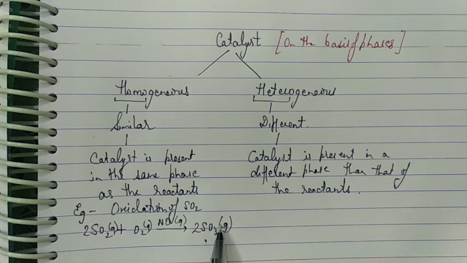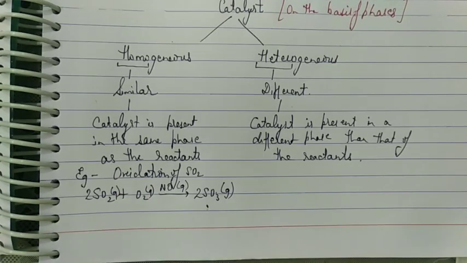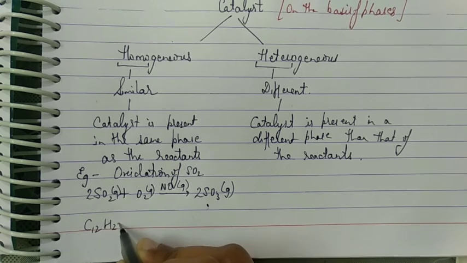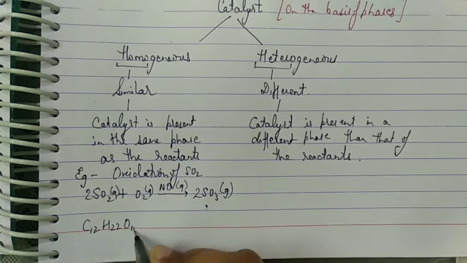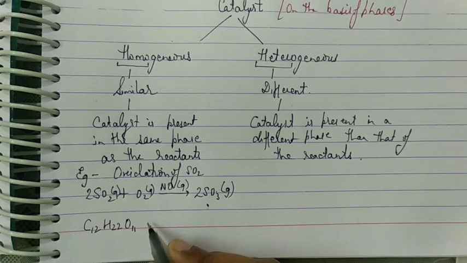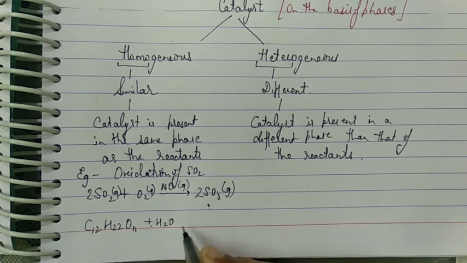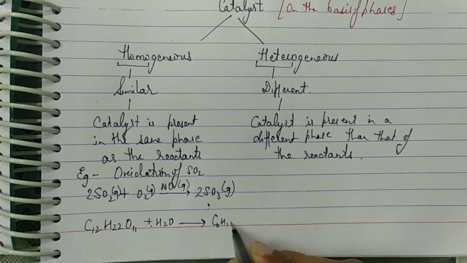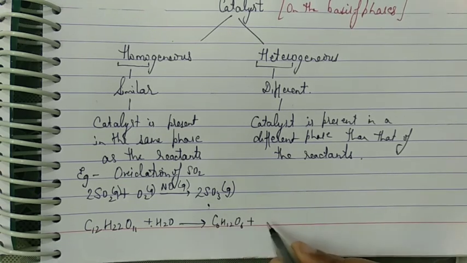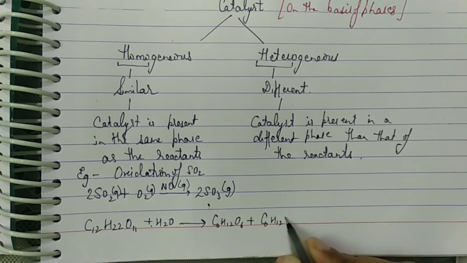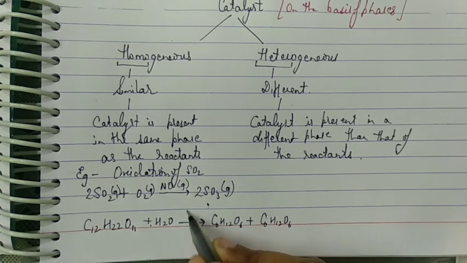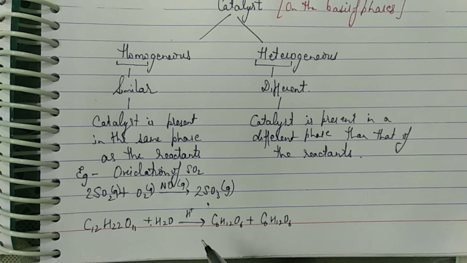Let us take another example. If we talk about hydrolysis of sucrose, C12H22O11, that is your sucrose, when it undergoes the process of hydrolysis, it leads to the formation of fructose and glucose. And here the catalyst which is used is H+.